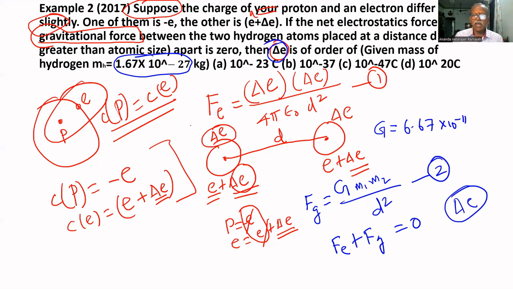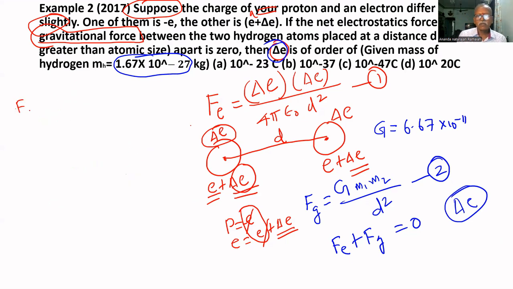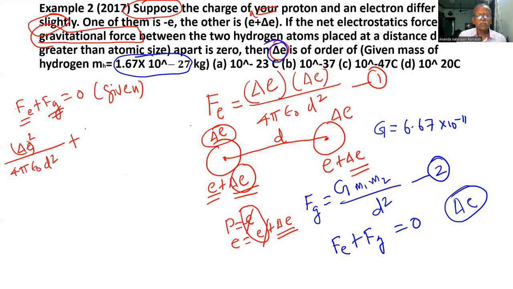So you add these two and find the value of delta e. That's all. Fe plus Fg equals 0 is given. Gravitational force and electrostatic force, if you add these two, it is 0. Therefore, delta e square divided by 4 pi epsilon naught d square plus G M1 M2 divided by d square equals 0.